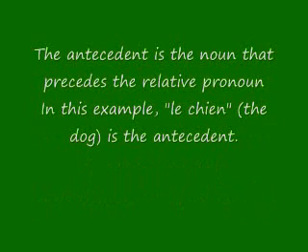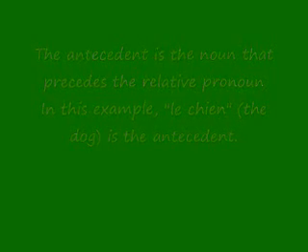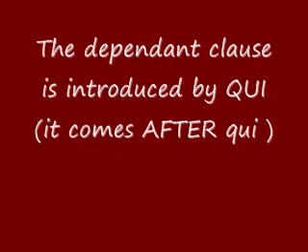So now that we know that le chien is the antécédent, we have to determine whether le chien is the subject of the action mentioned in the subordinate clause, the dependent clause. The dependent clause is simply whatever phrase that comes after qui.